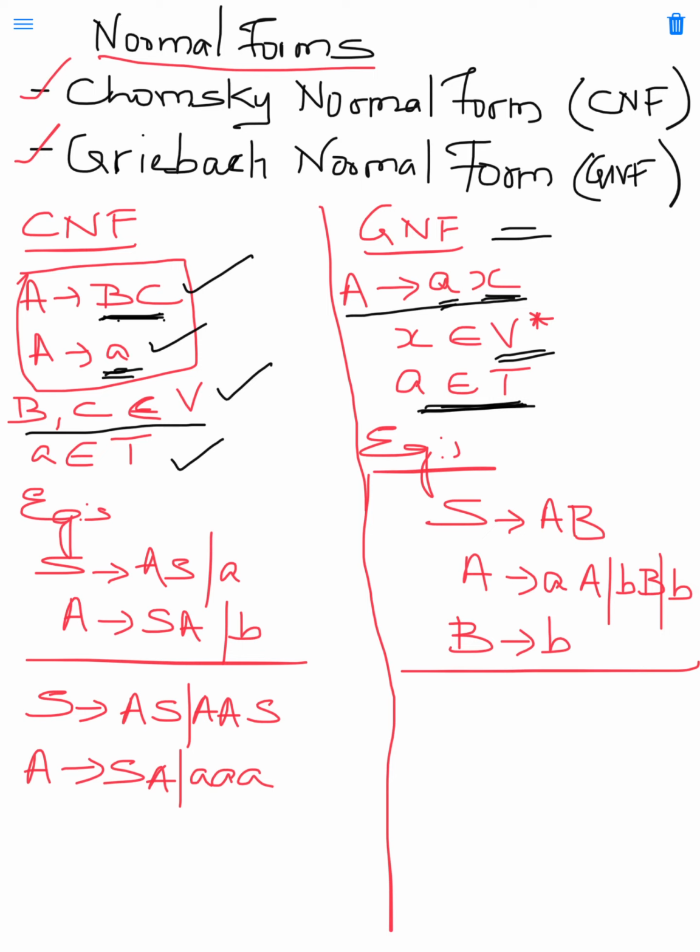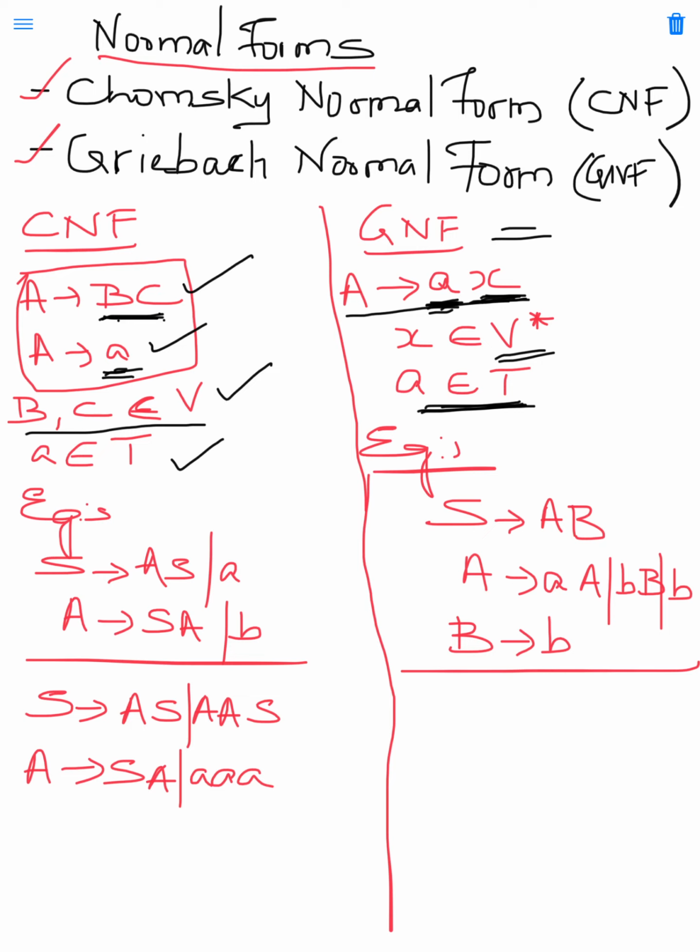Zero or more non-terminals will be represented using this x, which means that for a grammar to be in Greibach normal form, the right hand side of the production should start with a terminal symbol followed by any number of non-terminals. There is no restriction on the non-terminals; it can have zero or more non-terminals on the right hand side. So that is the difference between CNF and GNF.